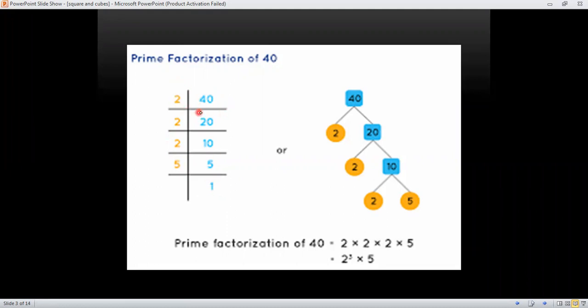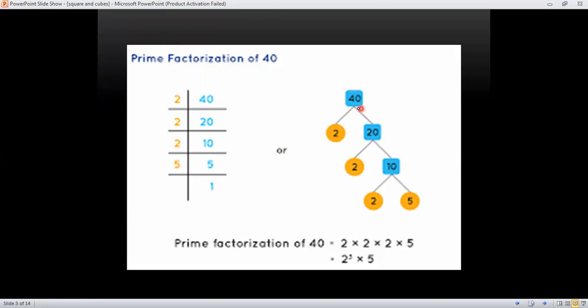If the number is not divisible by 2, if we are not able to divide the number by 2, we will take 3, we can take 5, we can take 7. We will always take a prime number to divide the number.